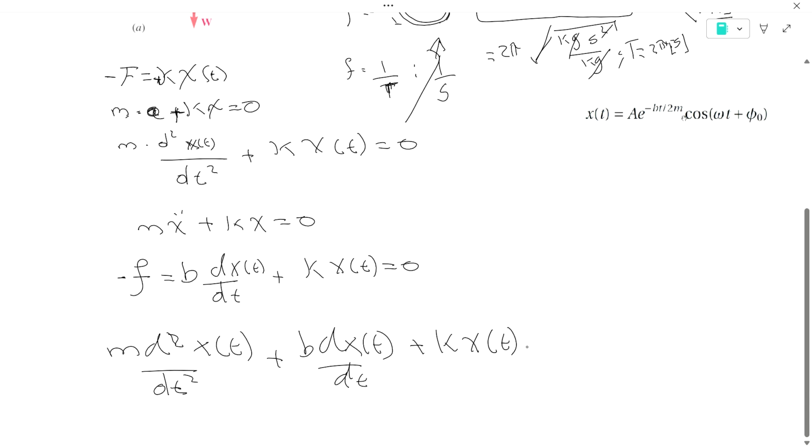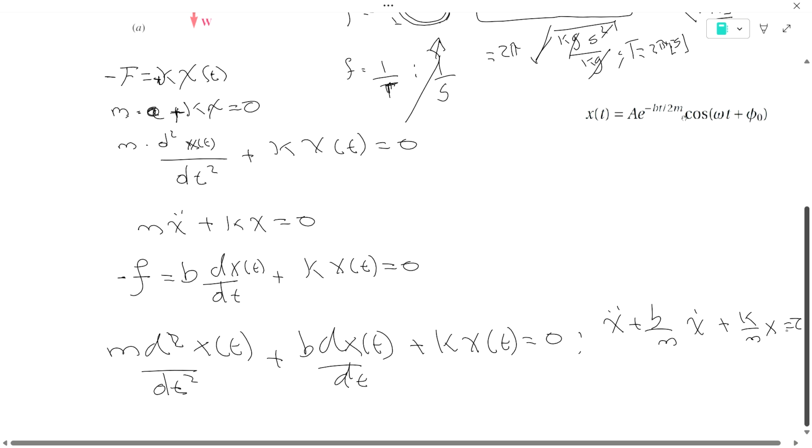This is the unknown variable. This can basically be written as, let's divide by m everywhere. So x double dot plus b/m x dot plus k/m x equals 0.